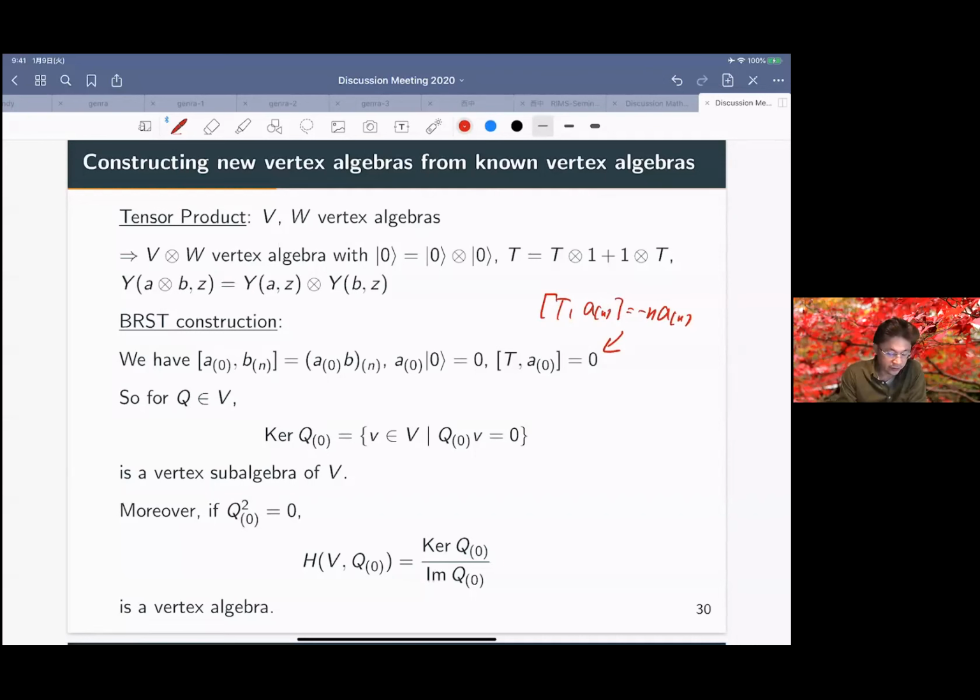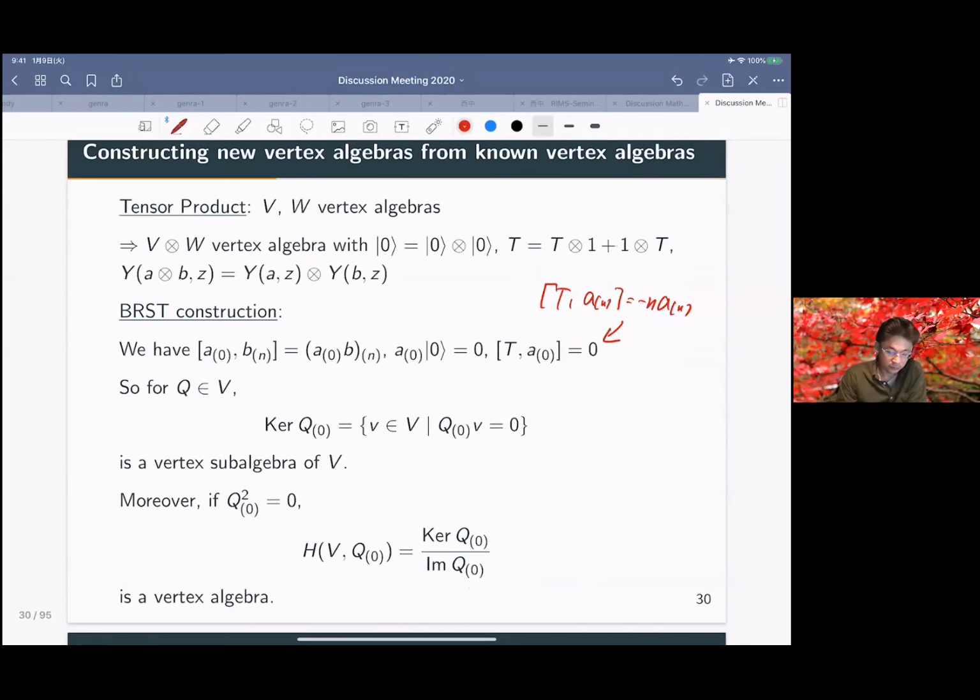So if you have some odd operator and consider the kernel of this zero mode, this is naturally a vertex subalgebra of B, because if you have two elements killed by this one, then the nth product of a and b, with q_0 acting, gives something like q_0 a_(n) b, which is 0, and a_(n) q_0 b, which is 0 also.